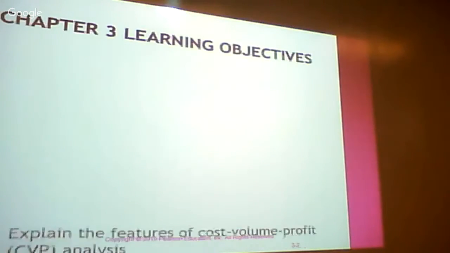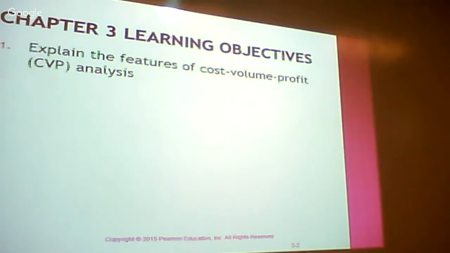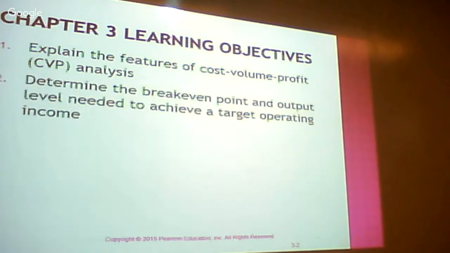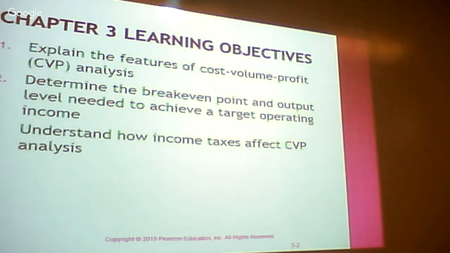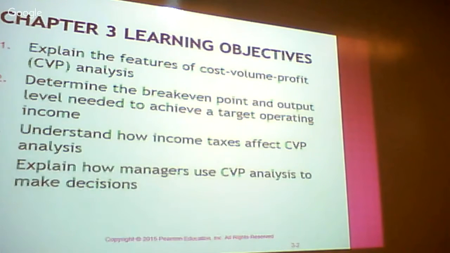All right, so our first objective is we're going to explain the features of cost-profit analysis. We're going to determine the break-even point and output level needed to achieve a target operating income. We're going to understand how income taxes affect the CVP analysis. And we're going to explain how managers use CVP analysis to make decisions.